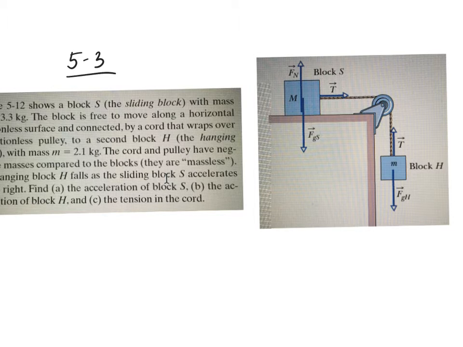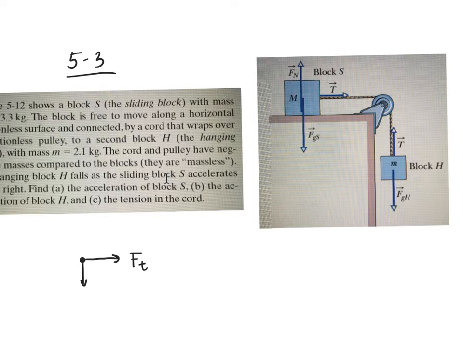Yeah. So let's start this problem like we do all problems. What do we always start force problems with? Yeah, free body diagram. So let's take a look at block S first. Block S has tension acting to the right. I call it FT. You can call it capital T. That is fine with me. I have a tendency to call it FT, so I'm going to continue with that nomenclature.